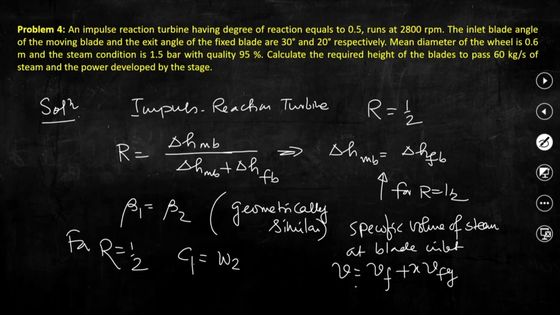So, if we calculate Vf corresponding to that pressure 1.5 bar, that is 1.5 bar into 0.1 megapascal, we have discussed about this, that we need to take data from the steam table, and it would be 0.001053 plus 0.95, it is given, into 1.1594. So, this is the specific volume of the steam.